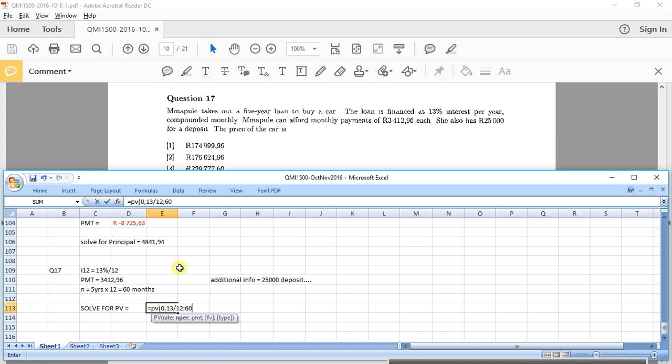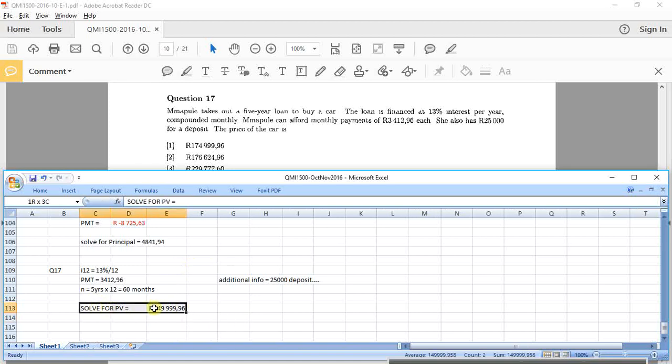So 0.13 divided by 12. N is 60. Payments, we need to put in 3412.96. And if I solve for PV, I get that. Okay, my present value isn't the same. 13%, 5 years.